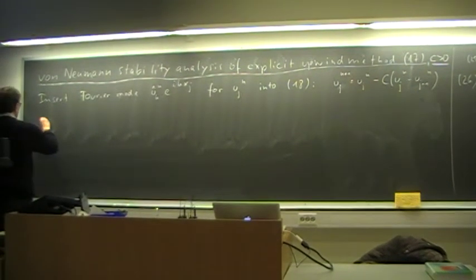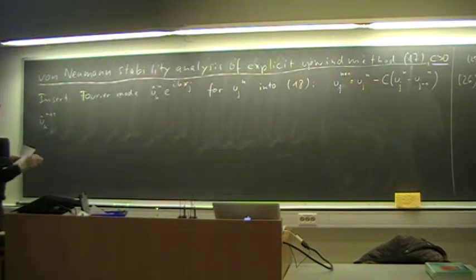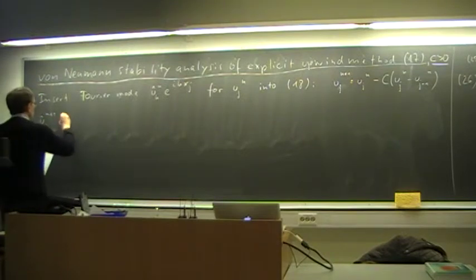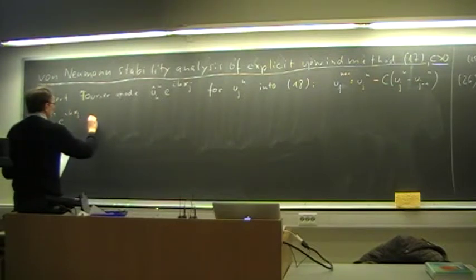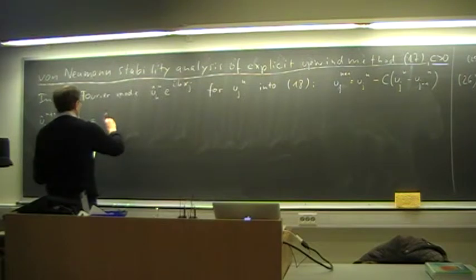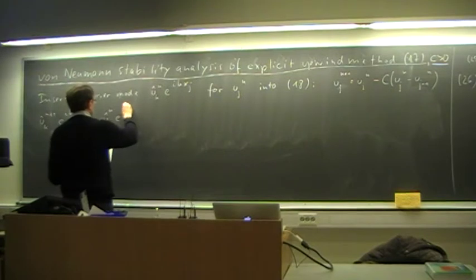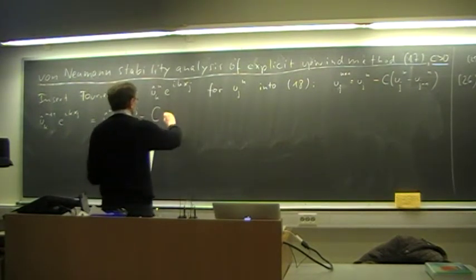We insert the Fourier mode at the new time level, because it's n plus 1 on the left hand side, e to the I k x j. And that is then equal to the Fourier mode for wave number k at the old time level, and this expression minus the Courant number.